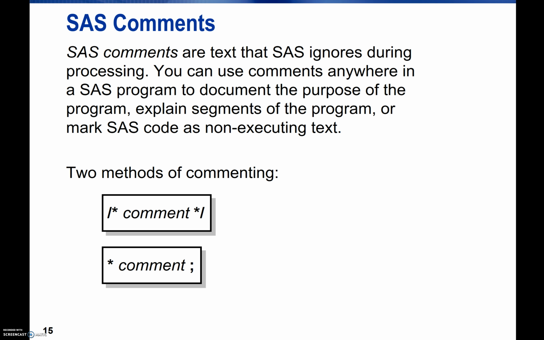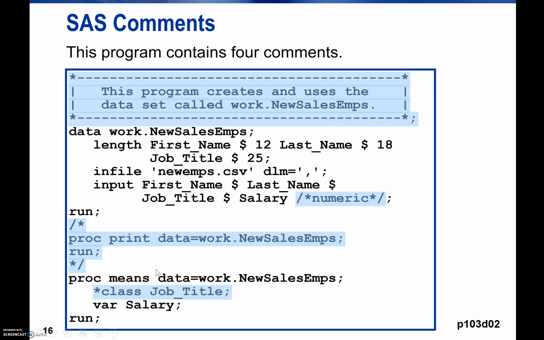Okay, so making comments. 2 ways to do comments. If it's a big, long phrase, I use this top style. If it's just a couple of words or a sentence, I might use the bottom style. You can see here, when I was a graduate student, we used to have contests to see how fancy and pretty we could make our header at the start of our SAS file, but you will not get bonus points for that in this class.